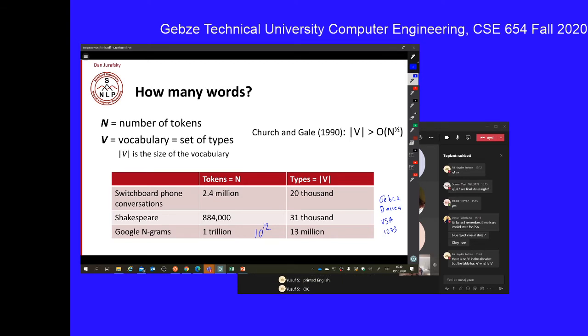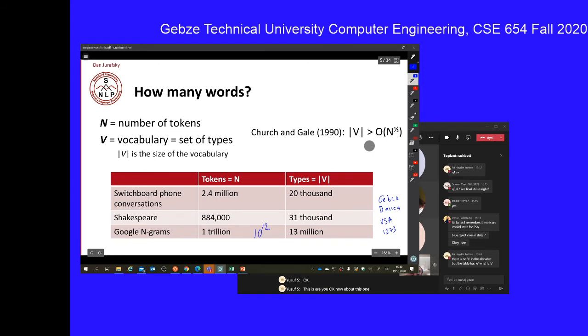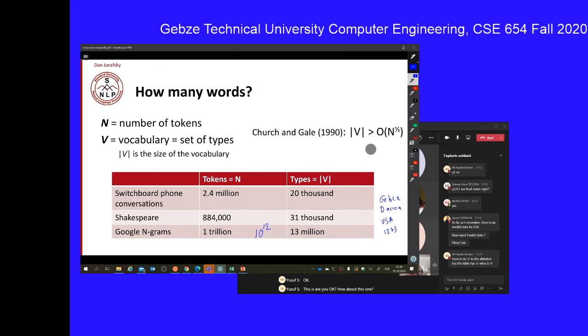Okay, how about this one? Number of word types is usually comparable to the square root of the number of tokens in a data set. Okay? So this is good. Of course, this is not exact.